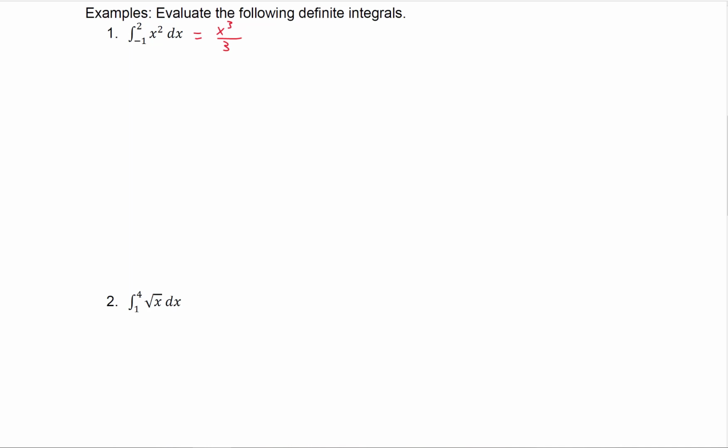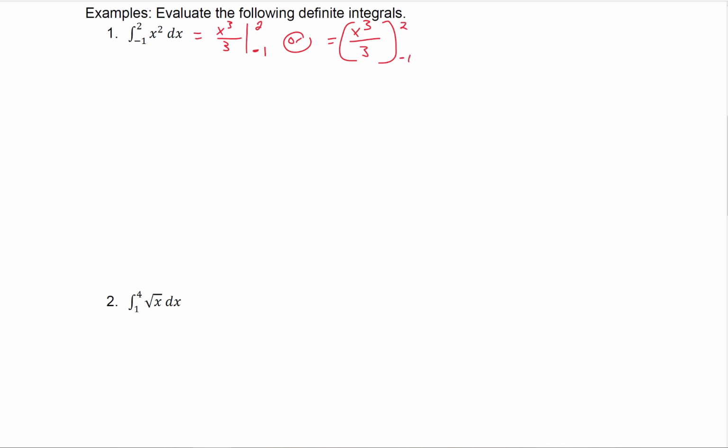So there are two common notations that we're going to use. You can either use just a vertical line after your antiderivative and say that it's evaluated from -1 to 2. Or you can write x cubed over 3, put the entire antiderivative into brackets, and say that it's evaluated from -1 to 2 that way.